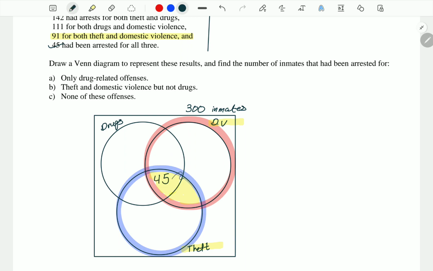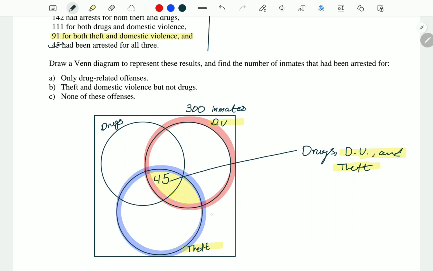Now remember, if it's all 3, this is drugs, theft, and domestic violence. But if you notice, the intersection, which is all 3, is still theft and domestic violence. It just also includes drugs. This never excluded the possibility of being arrested for drugs. If you're arrested for all three, that means you've still been arrested for theft and domestic violence.